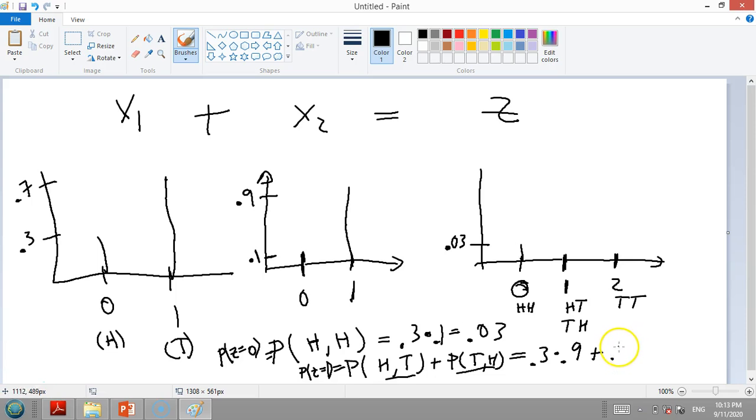Let's just make sure everything's straight. There are no errors. So 0.7 times 0.1. And what is this equal to? This is 0.27 plus 0.07.